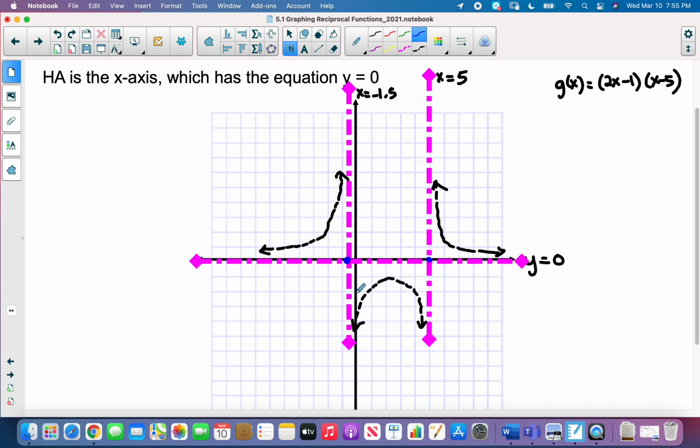So how does it actually look? If we graph the original function, 2x squared minus 9x minus 5, it opens up and has a y-intercept of negative 5.